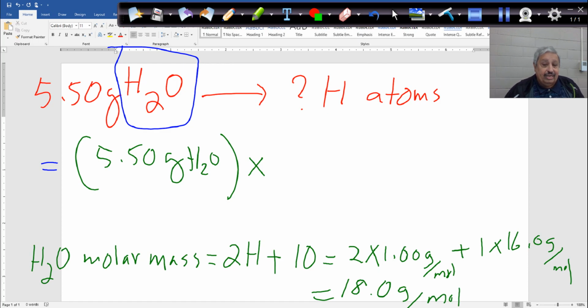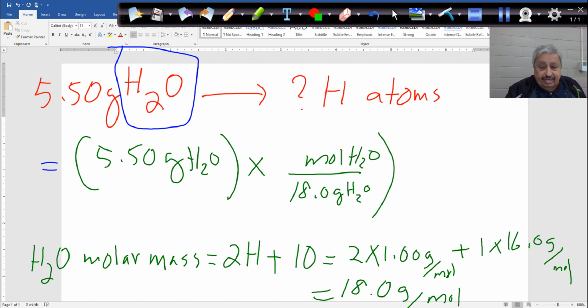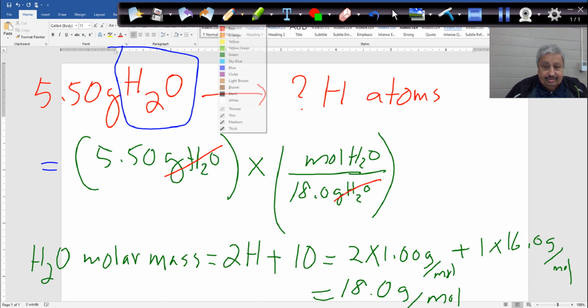I need the gram to cancel with the gram, so I put gram H2O at the bottom, correct? 18.0 gram per 1 mole of H2O. I divided by the molar mass, but this time the molar mass of a molecule, not atomic mass. With this step, I get rid of units. Always watch the units. Next I need to get the number of atoms in this 5.5 grams.